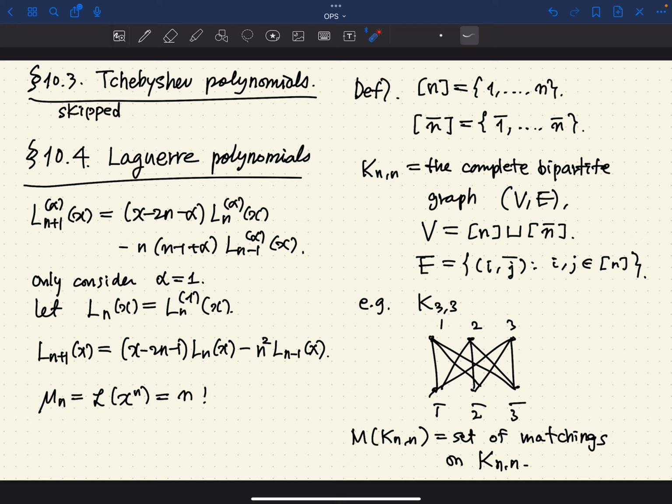So first, as before, we need a combinatorial model for this. So we will find a combinatorial model. By the way, this is actually simpler than the Charlier case. The Charlier case, I think, is more difficult. I mean, at least the way I presented it is more complicated there. So Laguerre should be somewhat easier.